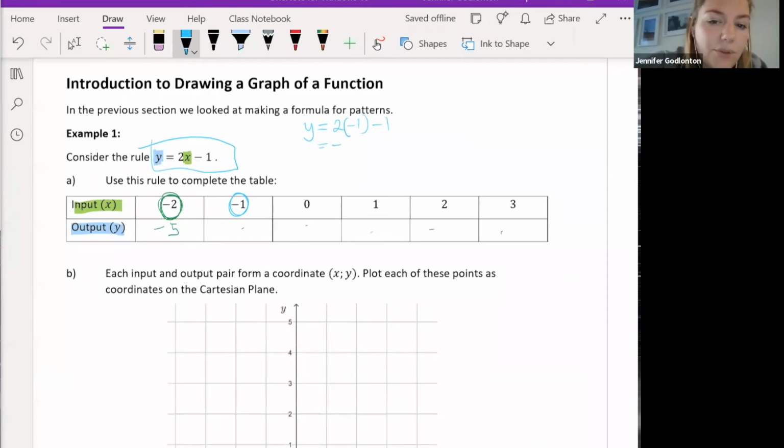So 2 times -1 is -2, -3. Okay, so we're taking our X values, we're inputting them into a formula, and we are getting a Y value. Nice. Okay, so keep going. See if you can get the rest of these ones done.